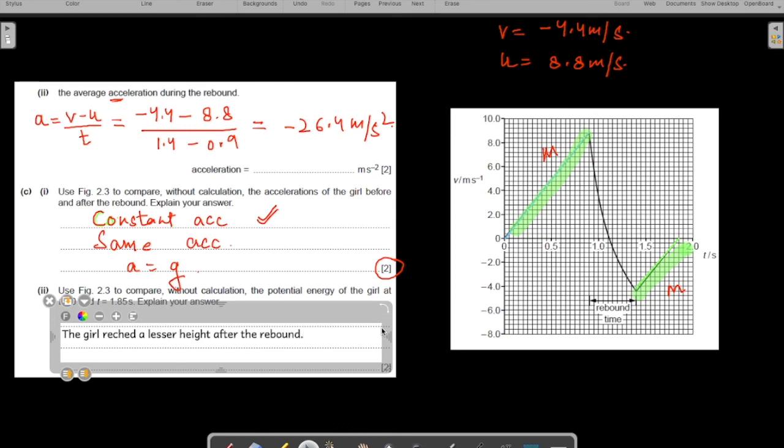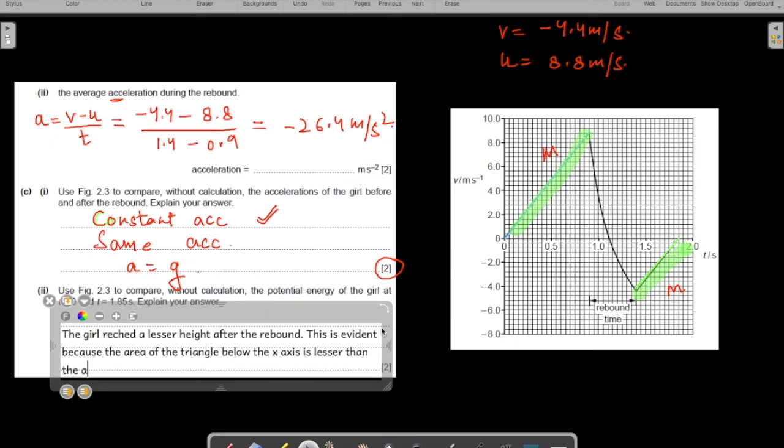How do you prove this? This is evident because the area of the triangle below the x-axis is lesser than the area of the triangle above the x-axis.